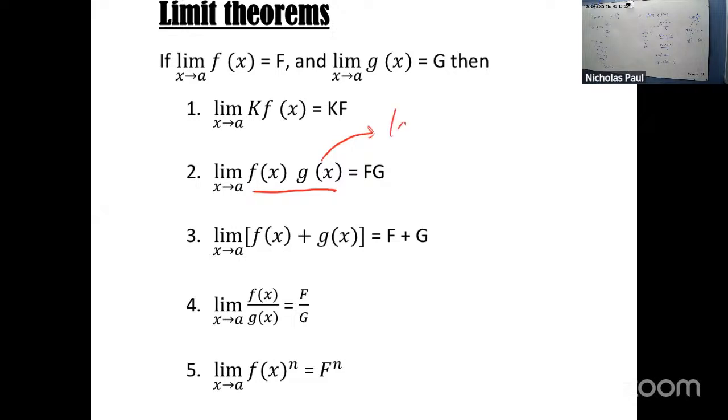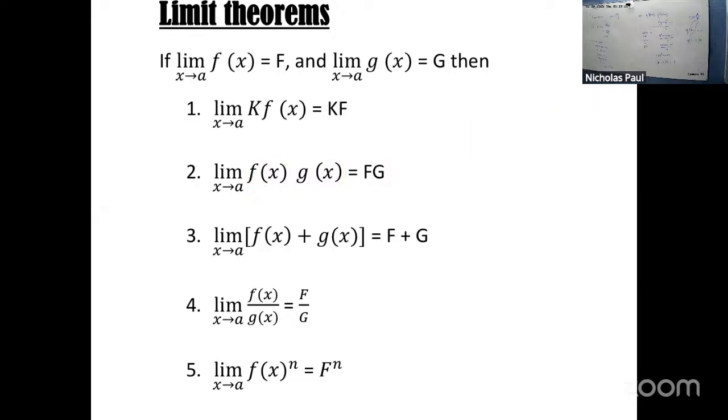The limit as x approaches a of f of x, multiplied by the limit as x approaches a of g of x. So if I have a product, I can find the limit of each one. The third one is self-explanatory.